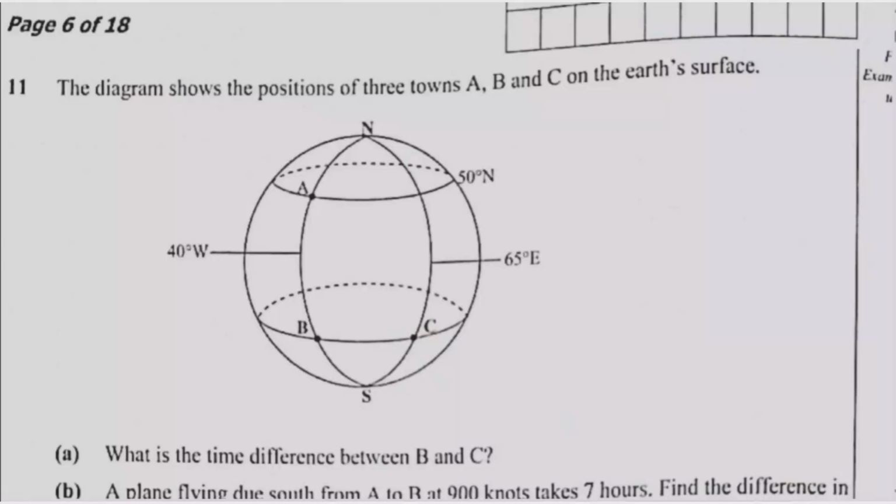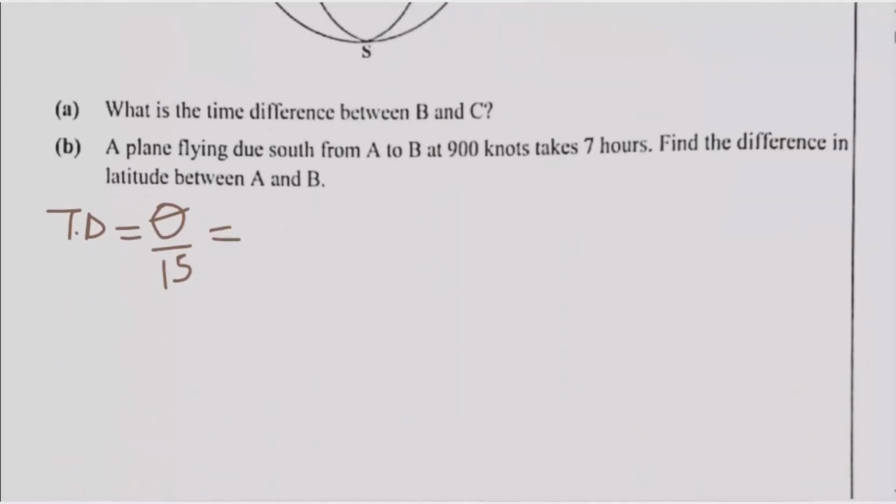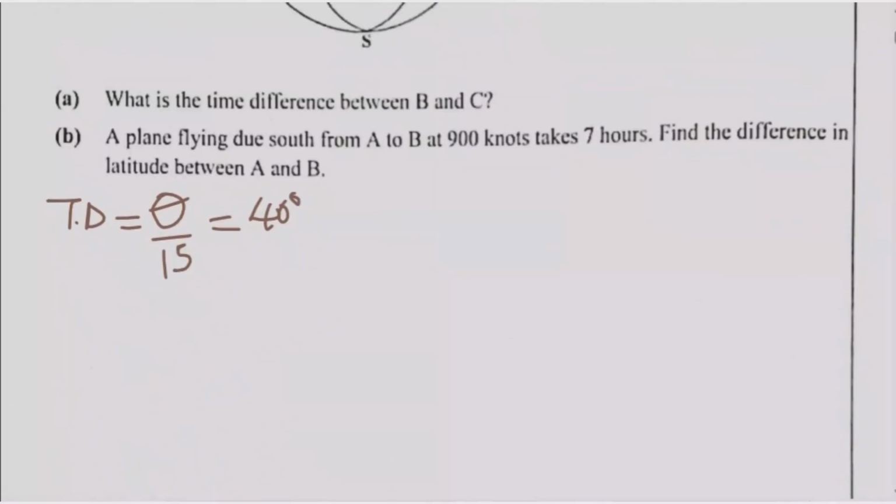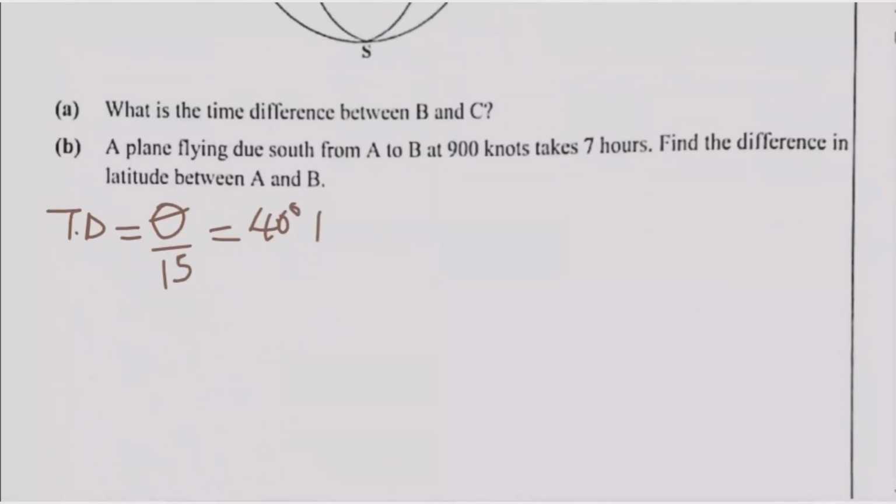Since one is in the west and the other in the east, we're going to add these two numbers. So theta is 40 degrees plus 65 degrees, divided by 15.